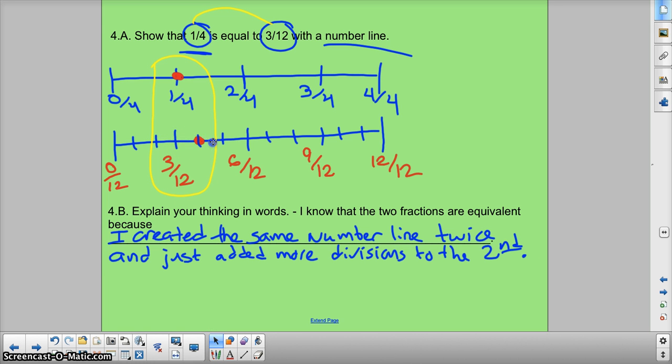I never moved him up or down. He stayed in the same place. All I did was add more lines. Okay, it was the same number line both times.